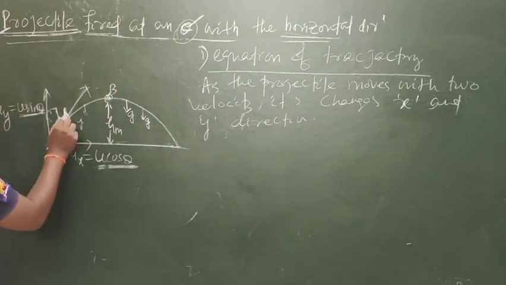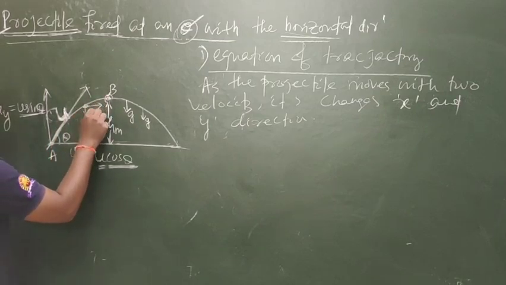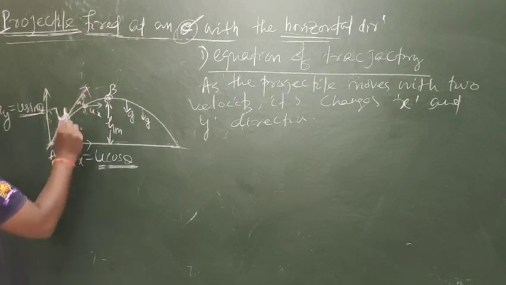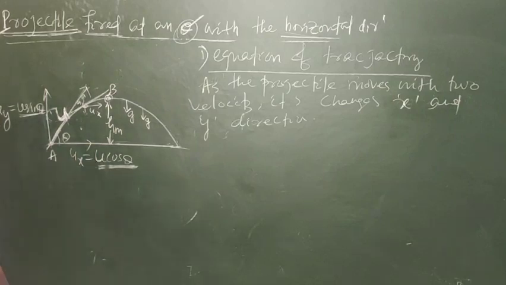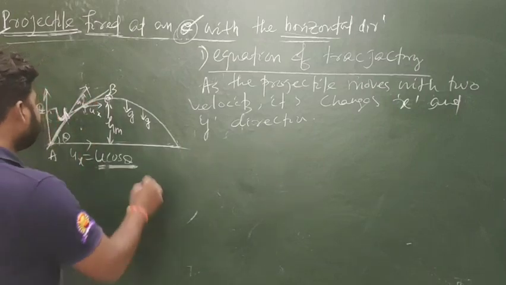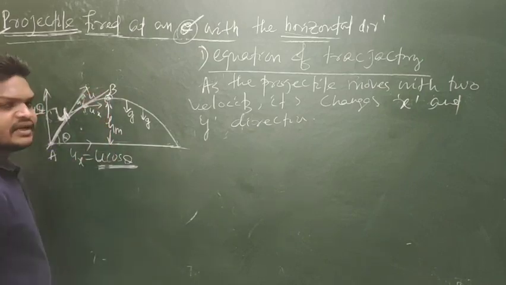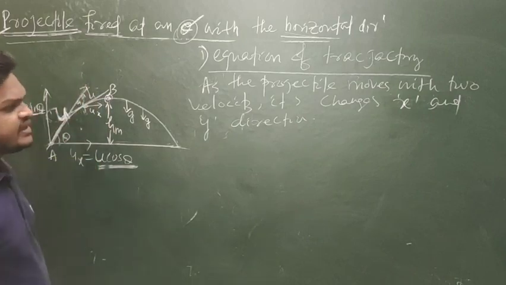That means, as the projectile goes upward, suppose at this point this is the horizontal velocity of the projectile, and this is the vertical velocity, and this is the final velocity with which you projected. Because you must know that at any instant, if you want to calculate the velocity, you first draw a tangent, and that is the velocity, and that velocity is divided into two components, one horizontal, another vertical.